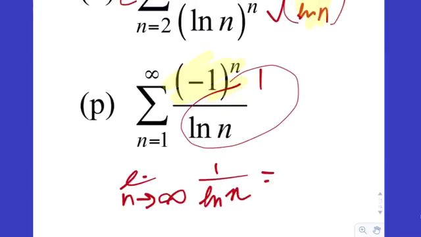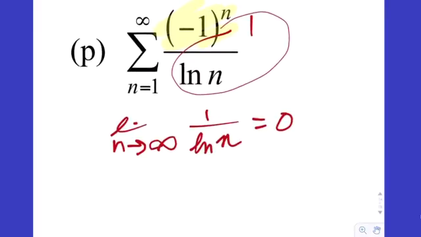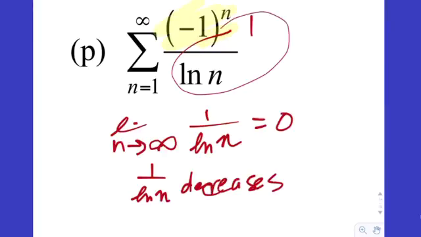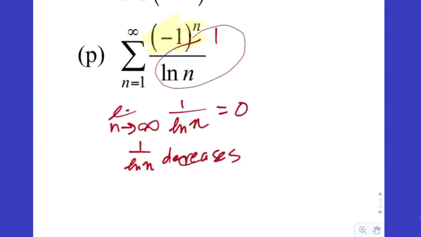Not that quickly, but it does go to 0 because the numerator is 1 and the denominator goes to infinity. Very slowly, but it does go to 0. Is 1 over ln n decreasing? Yes, it decreases. So in the presence of the alternator, this one converges by the alternating series test.